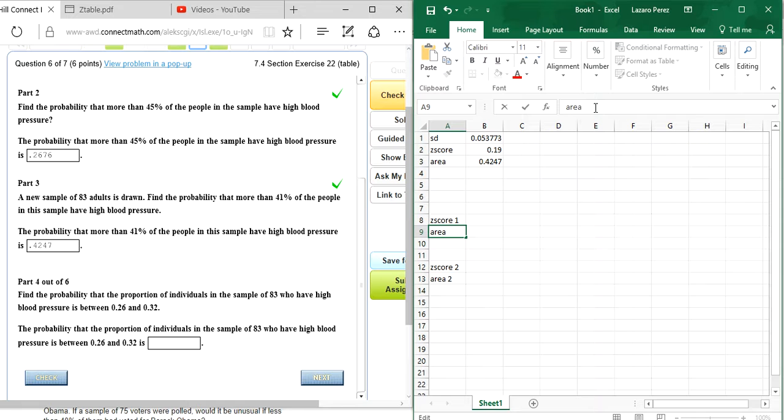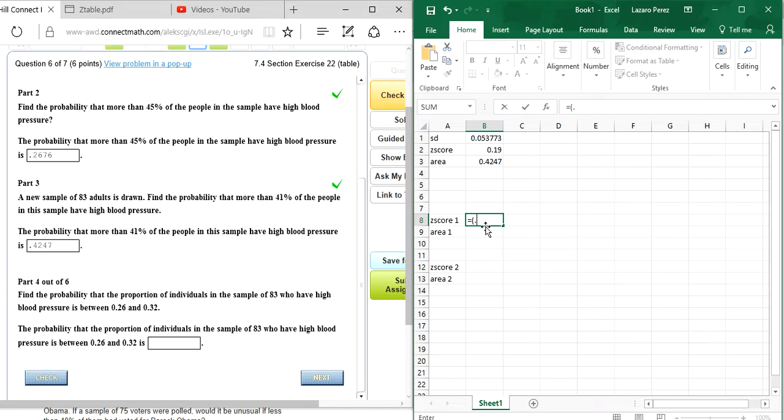I just like to call it area 1, area 2, just so you know which one is which. You can start computing a z-score for either 0.32 or 0.26, but I'm going to start with 0.32. I just like to start with the higher data value.